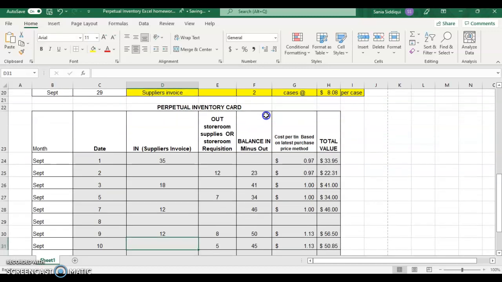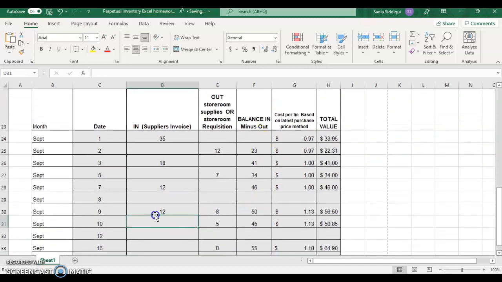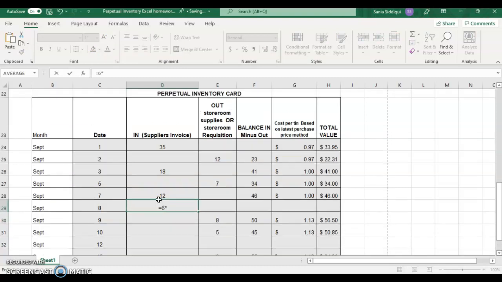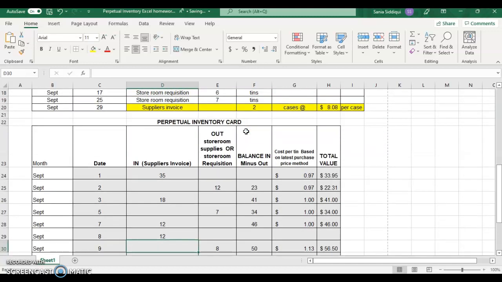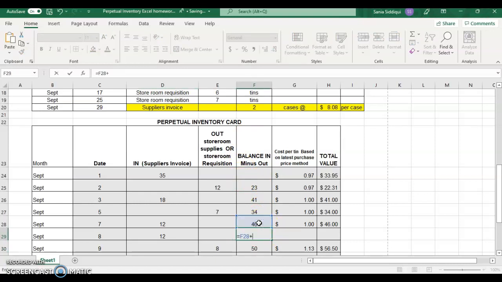Now this gives us 12 cans, and in order to figure out the balance, we just take 46 and add 12. And that gives us a total of 58 cans in our balance.